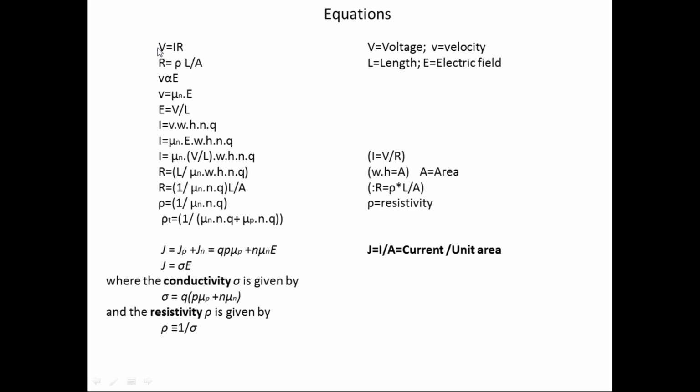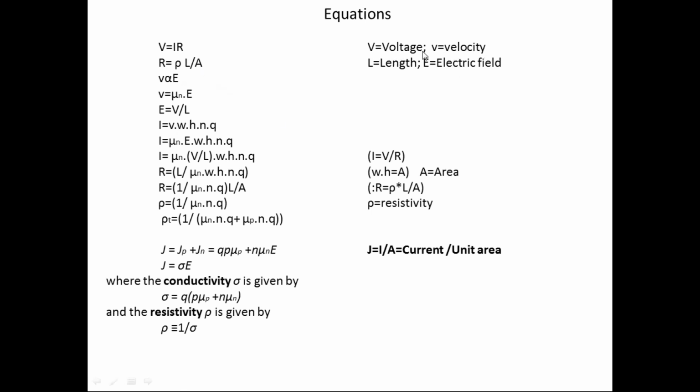We know that voltage V is equal to I into R. That means we can find I once we know the voltage V and R, where resistance R is equal to rho L by A, where rho is the resistivity of the material, L is the length of the material and A is the cross-sectional area.